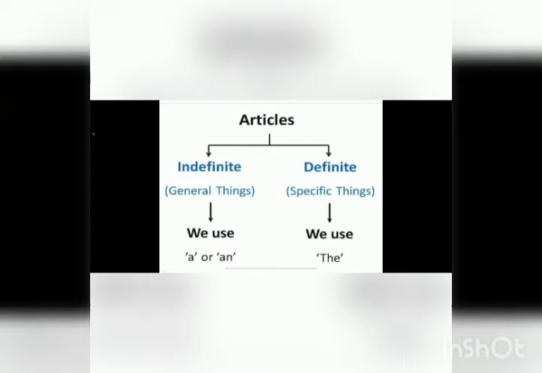Indefinite articles are used to tell us about something in general. They are not pointing out any specific person, place, or thing. And what do we use? We use article a or an. In this video, we are going to learn about indefinite articles.